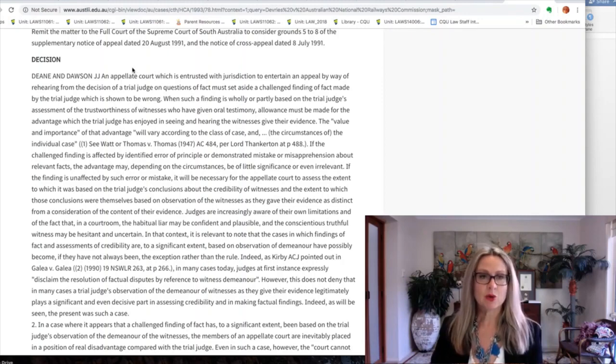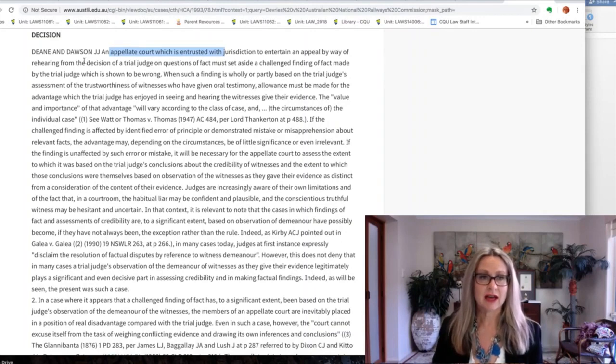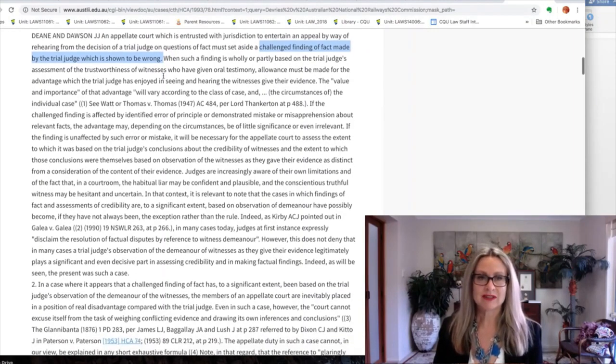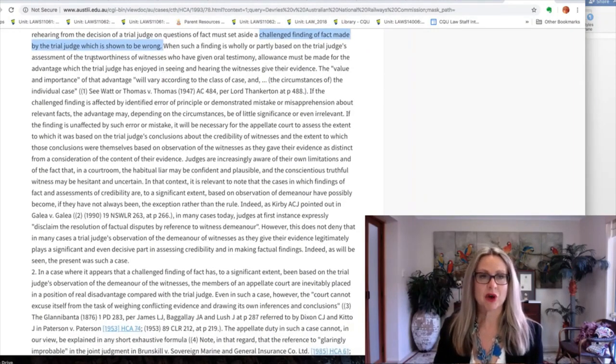An appellate court entrusted with jurisdiction to rehear a trial judge on questions of fact only sets aside a challenged finding of fact made by the trial judge where it's shown to be actually wrong. Why is that?